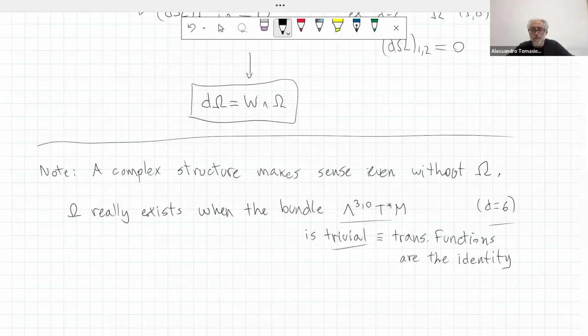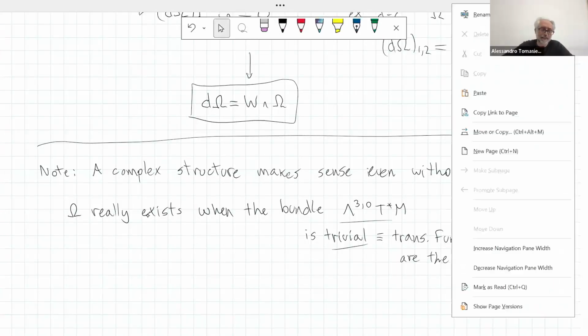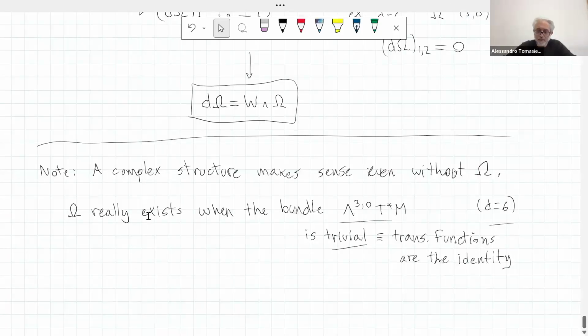Conversely, even if you have never heard of a spinor, but you know that this bundle is trivial in this sense, then an omega can be defined. Well, then it is still not enough to say that you have a full spinor, but it is part of it.